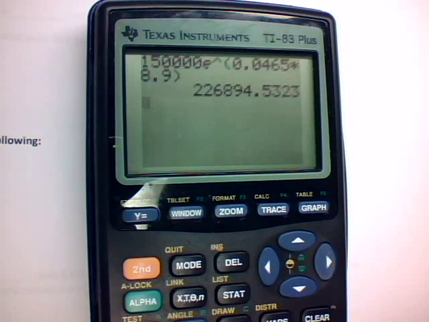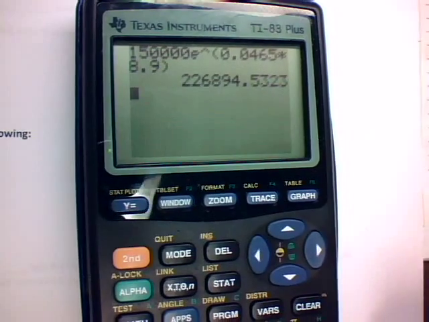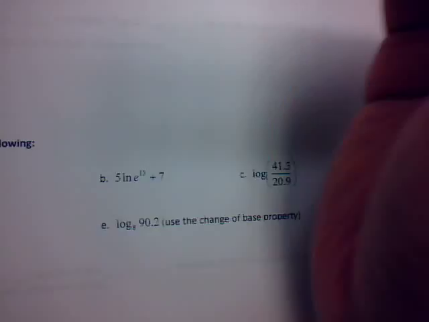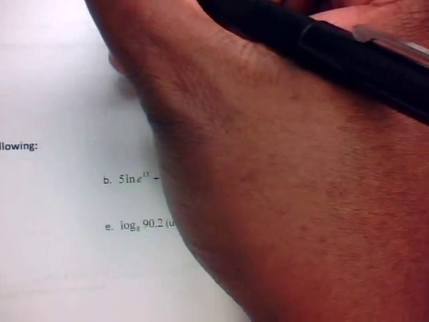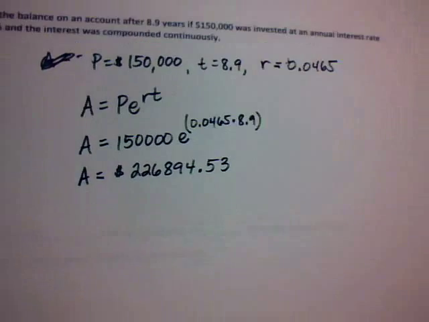So this will be $226,894.53. That's the amount in the account after 8.9 years if you have $150,000 invested at 4.65% annual interest compounded continuously. $226,894.53.